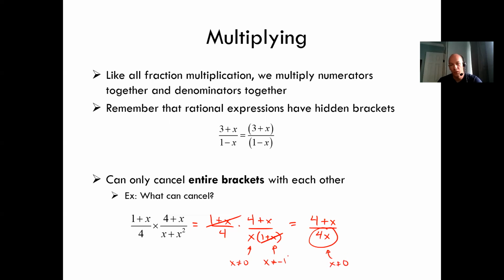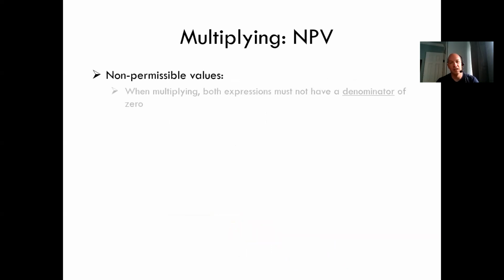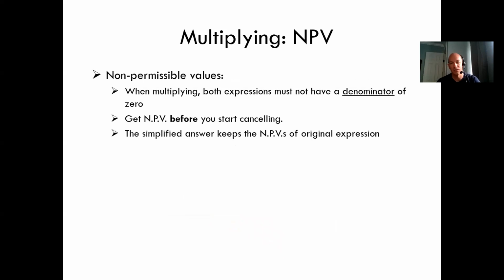So what do we do? We cannot make these non-permissible values disappear after canceling, so those would be the two official non-permissible values. Just because a term cancels out doesn't mean its non-permissible value disappears. In fact, the whole point is you can't cancel if it was that non-permissible value.